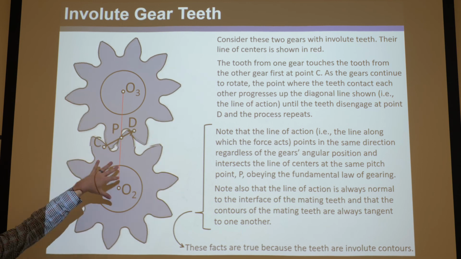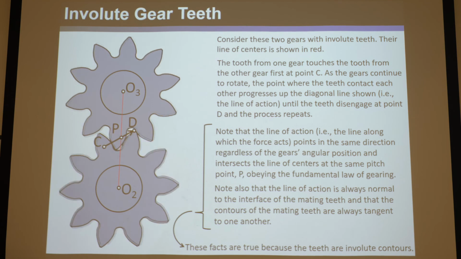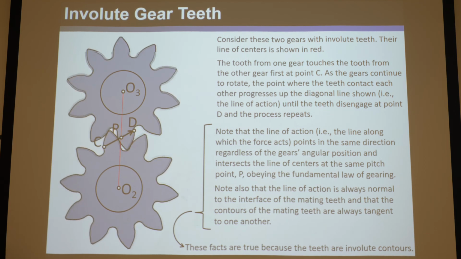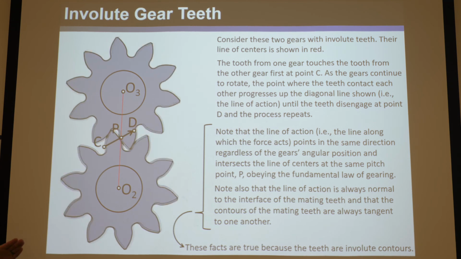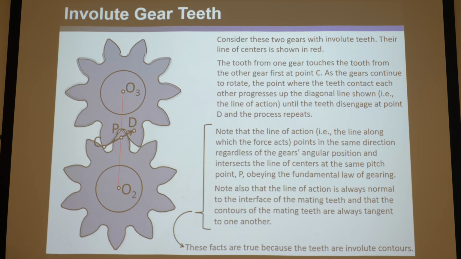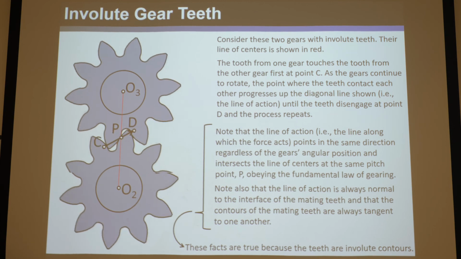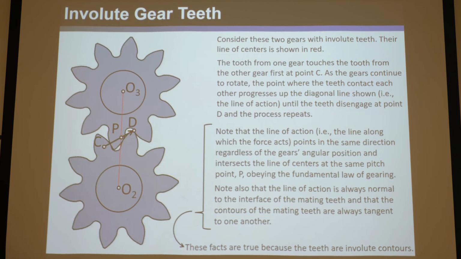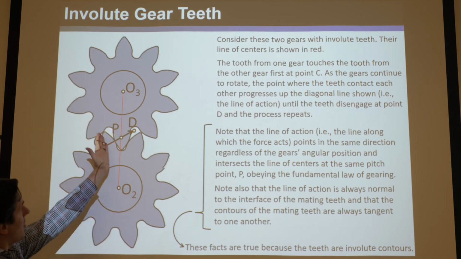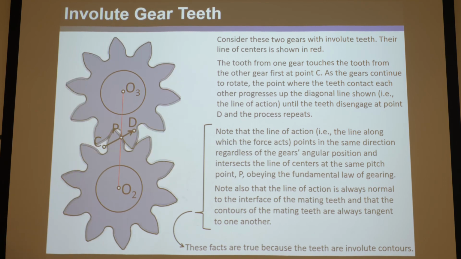So anytime you have involute teeth, as they go through their mesh, they remain conjugate for any position, and that essentially means that the line of action is always normal to their two mating surfaces, which is always the case for rolling sliding joints, right? The line along which their instant center would lie, and that their bodies are always tangent to each other. Okay, the contours of the mating teeth are always tangent to one another.